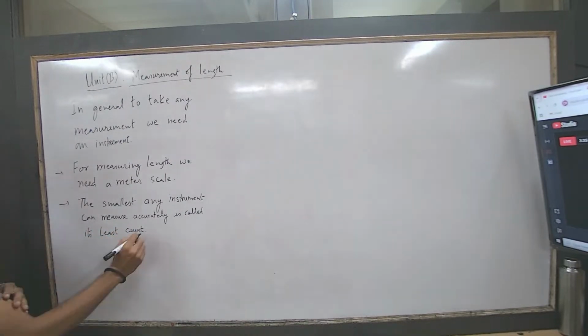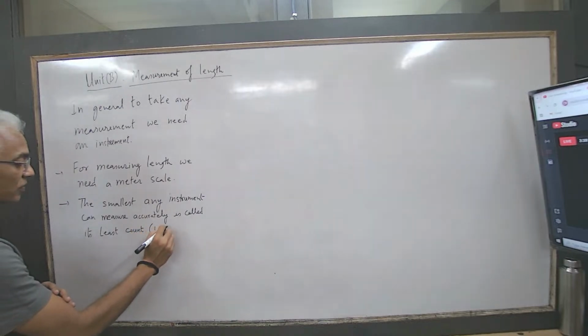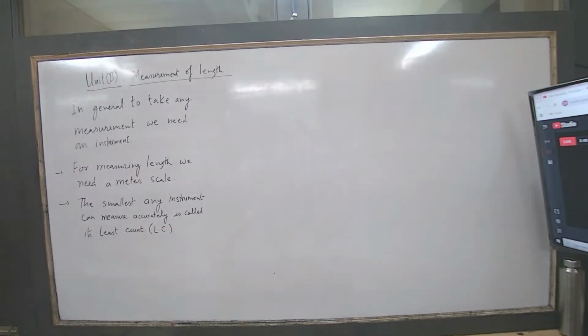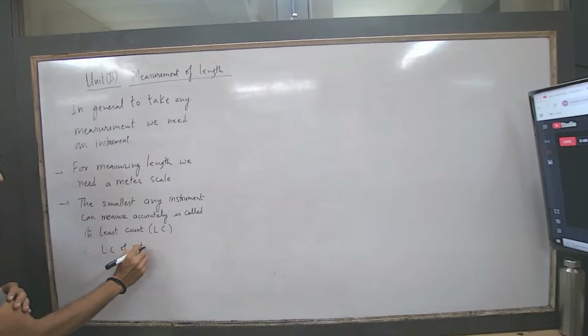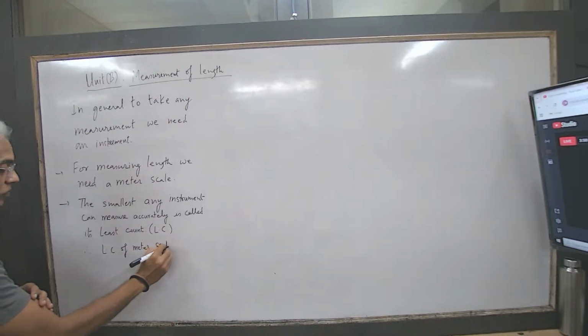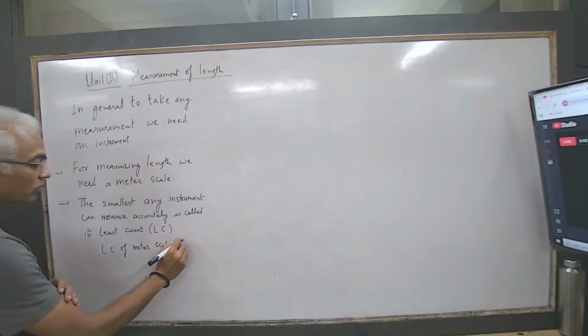Or in short, we'll write it as LC. So what is the least count of the scale? 1 millimeter. Therefore, LC of meter scale is equal to 1 millimeter.